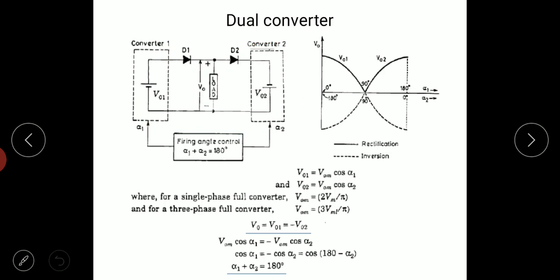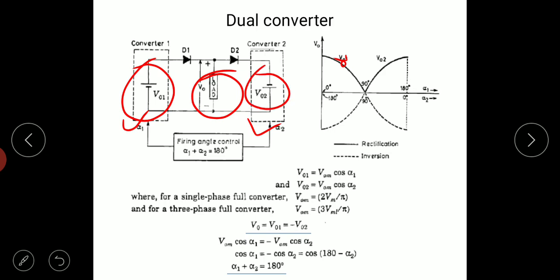We can see here in the waveform that for load voltage V naught to be same from converter 1 as well as converter 2, if V naught 1 is positive, then V naught 2 must be negative.